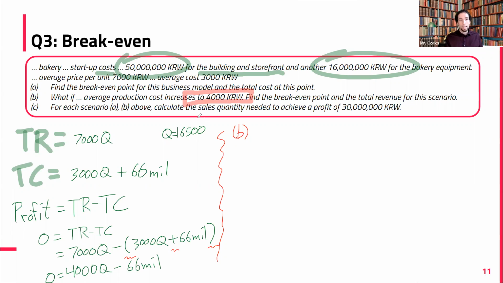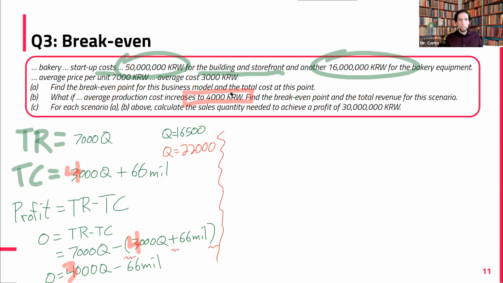It increases to 4,000, not increasing by 4,000. So the new variable cost is 4,000, not 7,000. So 4,000 Q and then dot, dot, dot, that turns into a 4, that becomes a 3, and then our solution, the Q value was something different. I think it was 22,000 in this case. Okay, so that's B. So just basically do the question again, but change one number.